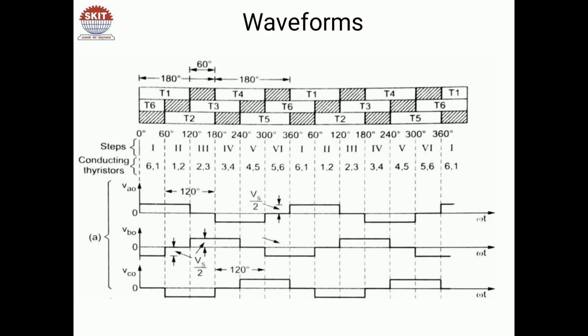And VC naught voltage is plus Vs by 2 for 240 to 300 degree, and for 300 to 360 degree it is the same, plus Vs by 2.